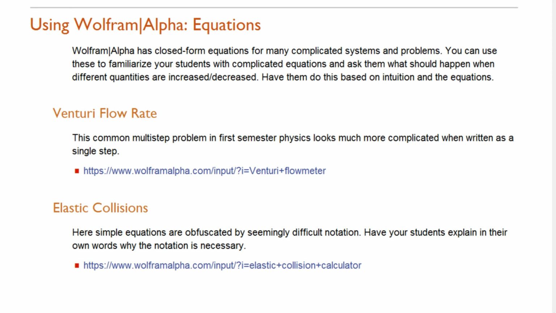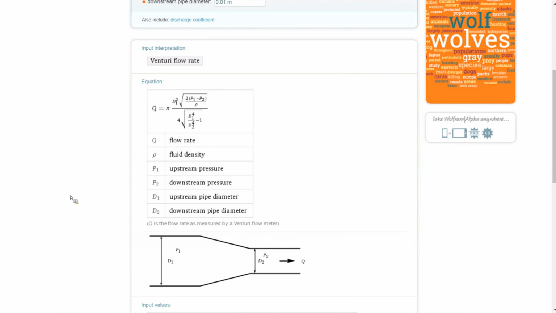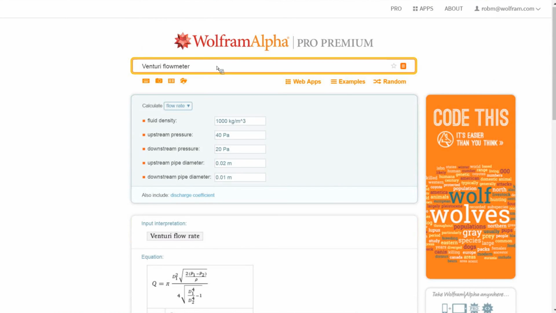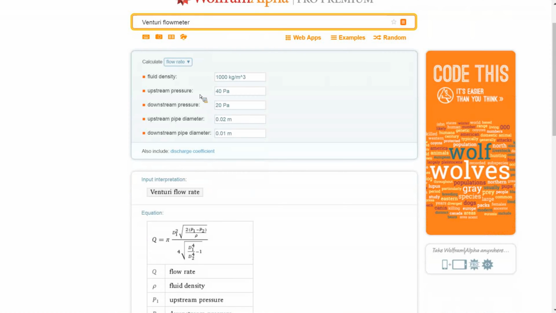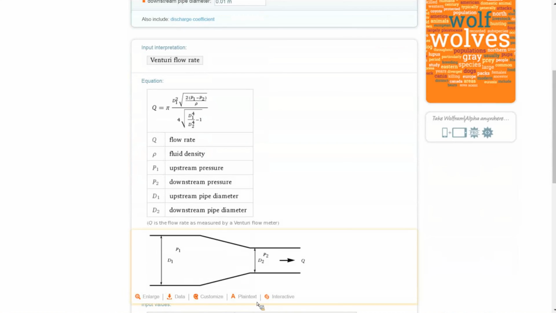So, for instance, let's take a common problem, the Venturi tube. So I just query Venturi flow meter, and I get a nice little calculator here that will determine the flow rate. It's got a nice little diagram, and it sort of corresponds nicely to what you see in your textbooks.